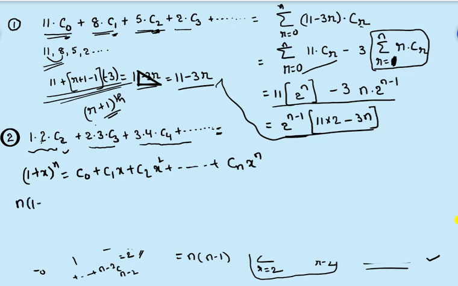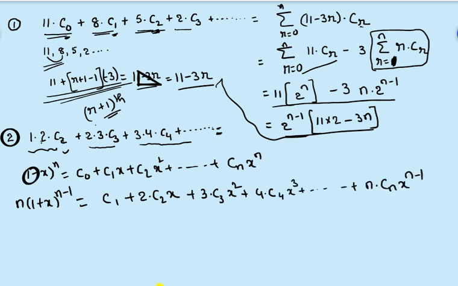Differentiate this one. n into 1 plus x whole to the power of n minus 1 is equal to C1 plus 2 into C2 into x plus 3 into C3 into x square, because of x cube's differentiation, next plus 4 into C4 and so on.